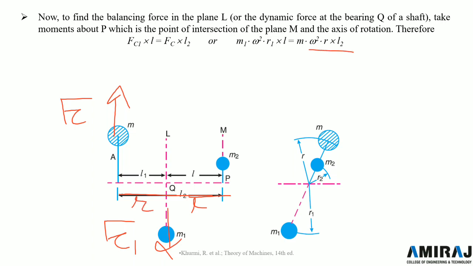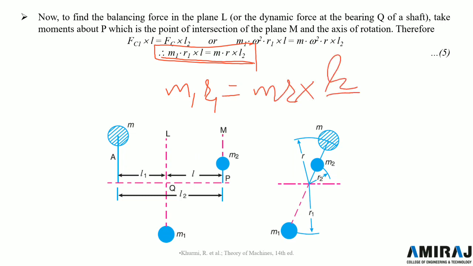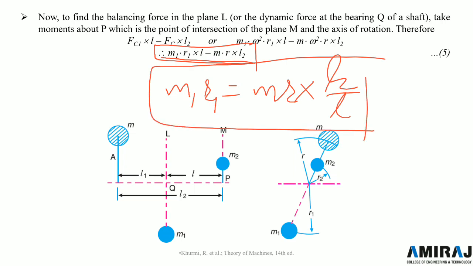We know that FC is equal to m omega square r and FC1 is equal to m1 omega square r1. So the equation we get, similar to the earlier one, is m1 r1 cross l equal to m r cross l2. So m1 r1 is equal to m r cross l2 by l. This gives m1 r1, the balancing force on the plane L.